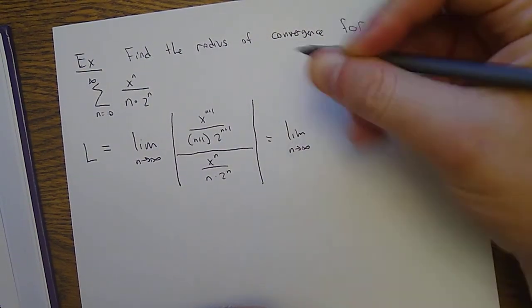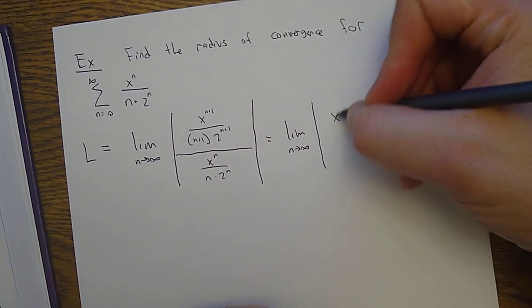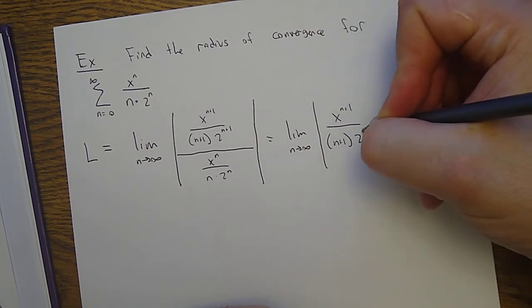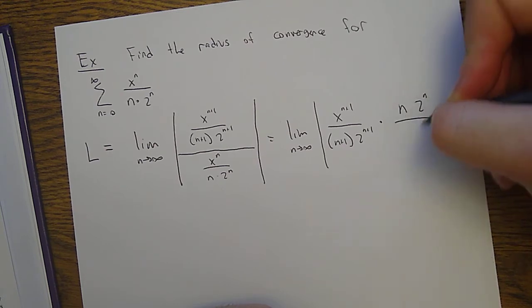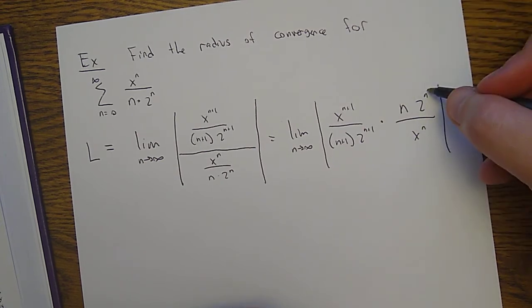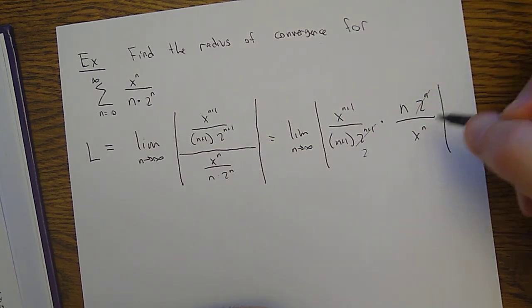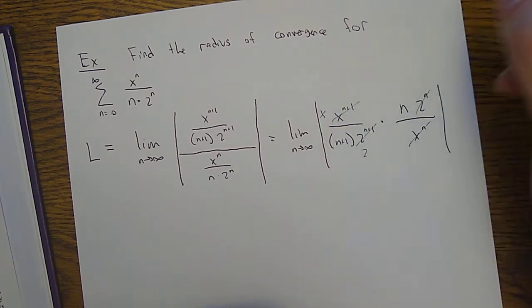And I have a fraction divided by another fraction, so I flip the bottom. Like that. I see some stuff that I can cancel. I have 2 to the n and 2 to the n plus 1, so there's just a 2 left over on the bottom. I also have x to the n and x to the n plus 1, so there's just an x left on top.